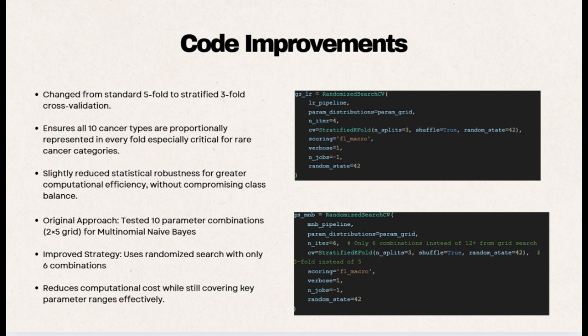And the next one is we use randomized search with only 6 combinations. The original code was testing 10 parameter combinations with a 2 times 5 grid for multinomial naive Bayes, but now we use only 6 combinations. This reduces the computational cost while still covering key parameter ranges effectively.